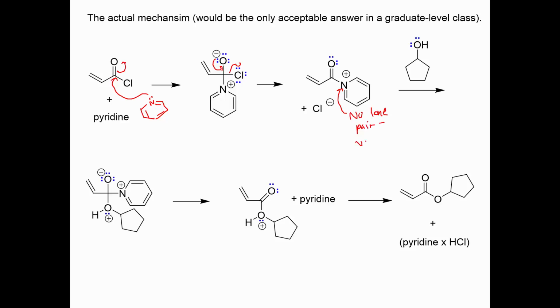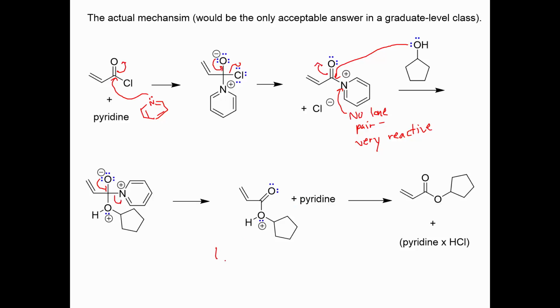And this intermediate is very reactive because there's no stabilization of the carbonyl group whatsoever. And it's also carrying a positive charge, so this is making it very attractive to a nucleophile. All right, this is adding here. We're getting the alkoxide, displacement.